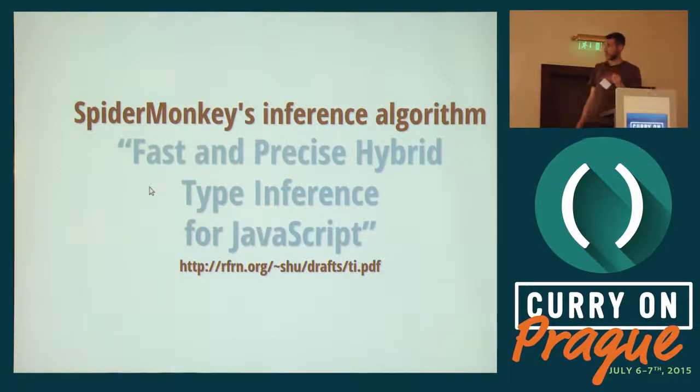The algorithm I'm using is a rather direct ancestor of the inference algorithm used in the SpiderMonkey JavaScript engine, where they use it for a very different purpose, namely more compact and efficient code generation, because if you know the type of something, you don't have to do type checks and weird polymorphic interpretations.